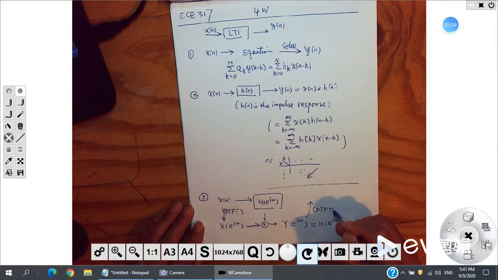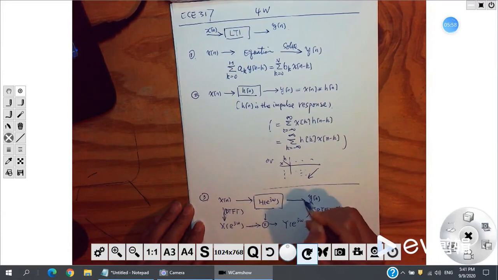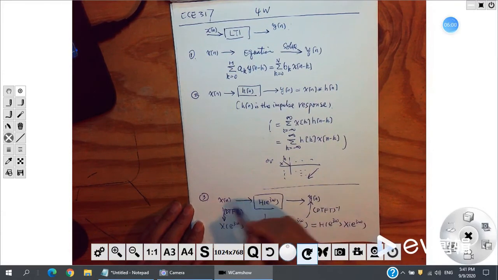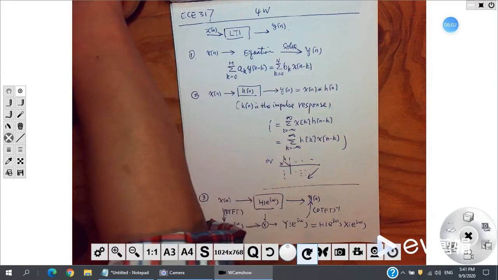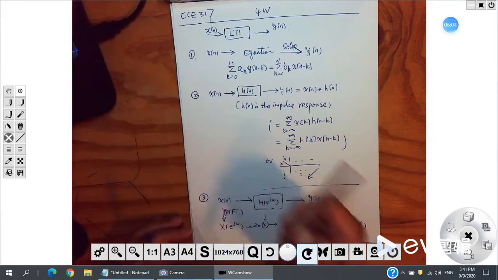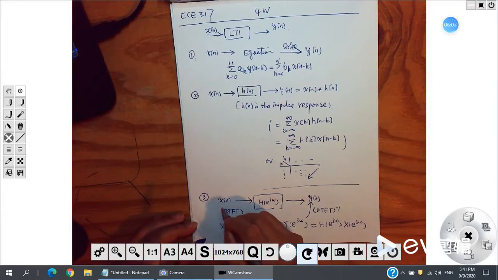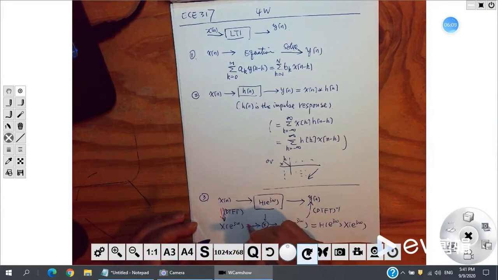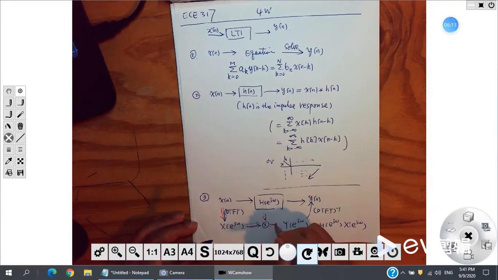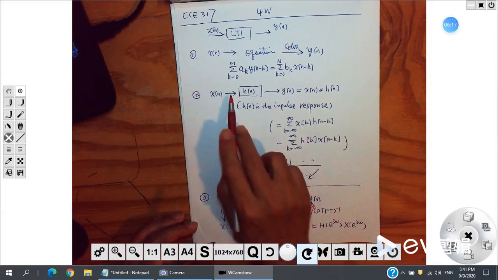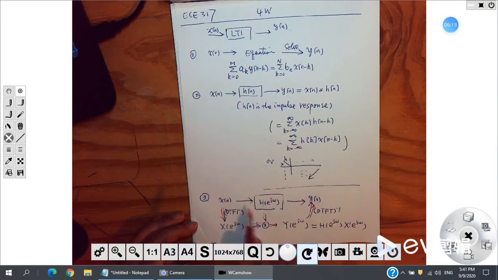Then we have y of n. So if we want to calculate this output, we can use this way. We go this way, then go this way, and going up. Then we have it. The system is still the same system.